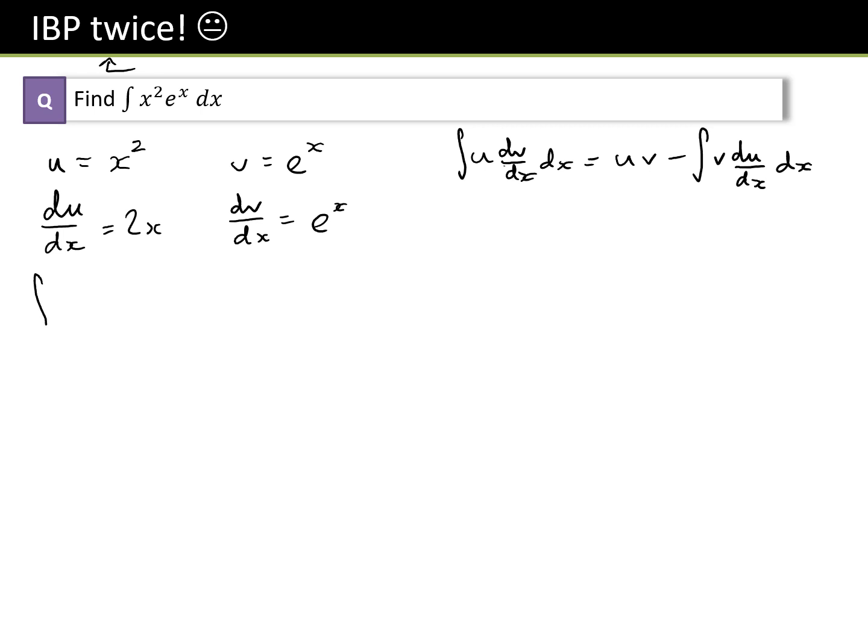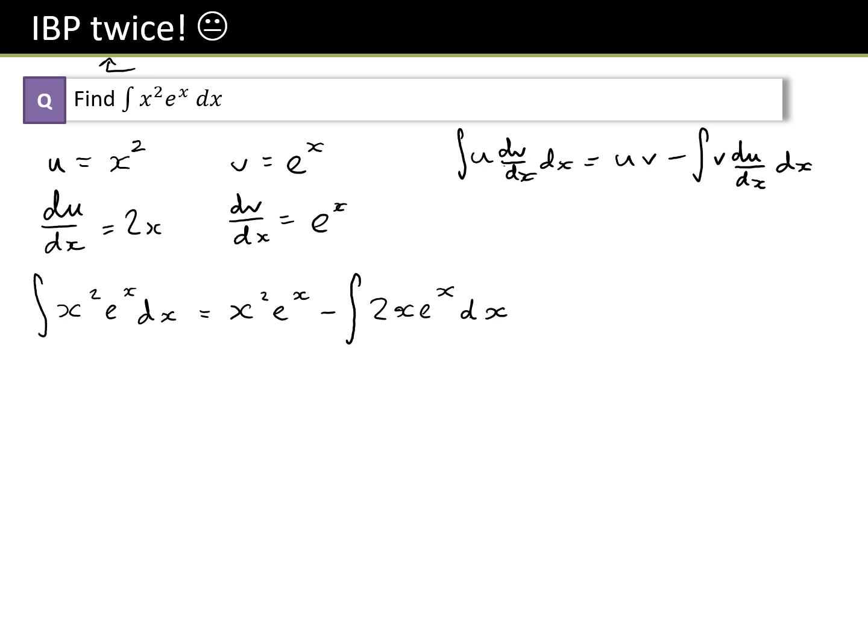So the integral of x squared e to the x dx is equal to uv, so x squared e to the x, minus the integral of v du dx, so 2x e to the x dx.